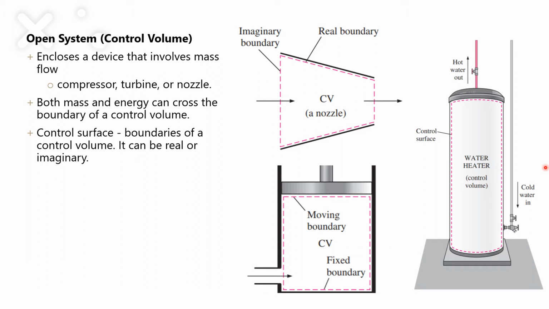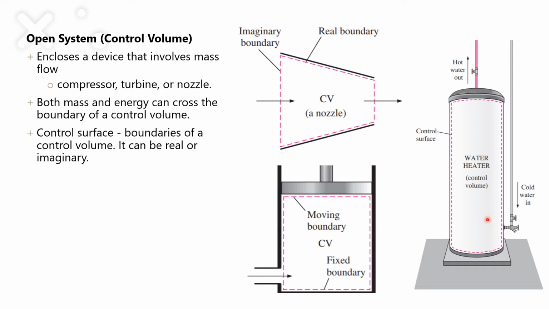Let us consider the water heater in the figure. Now, we would like to determine how much heat we must transfer to the water in the tank in order to supply a steady stream of hot water. Since hot water will leave the tank and be replaced by cold water, it is not convenient to choose a fixed mass as our system for the analysis.